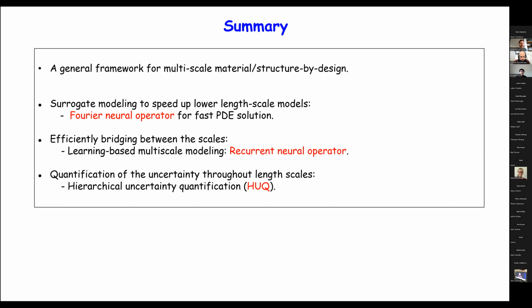And lastly, in terms of how we can quantify the uncertainties throughout length scales, we can utilize the fact that multi-scale modeling has this nice hierarchical structure. We can use this hierarchical uncertainty quantification method, which provides a way of estimating how the uncertainties will propagate through the subsystems, all the way from the low length scale, the micro scale, to the macro scale.